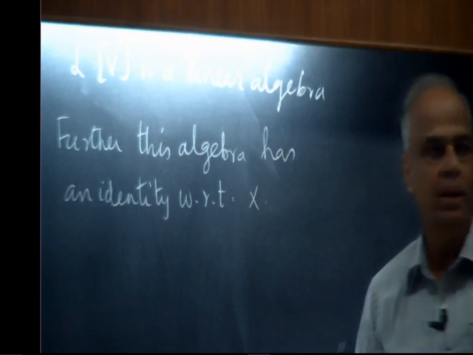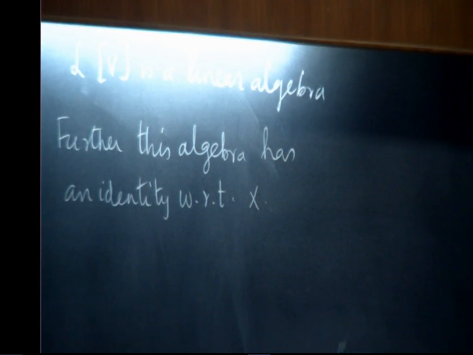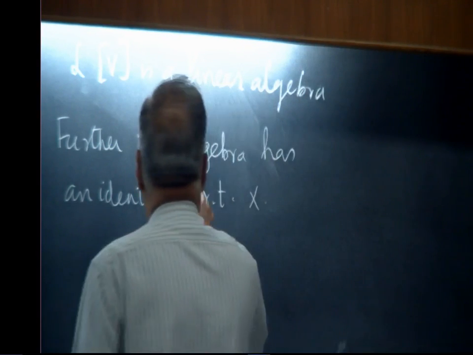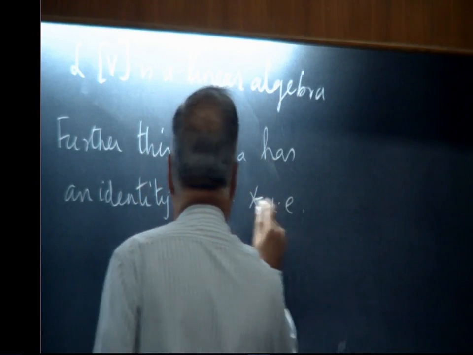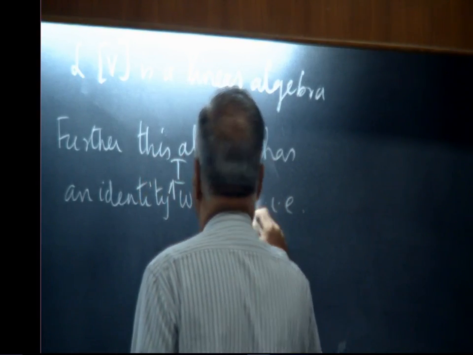Namely, the identity is the identity operator which takes every vector into itself. Identity I, that is with respect to multiplication.